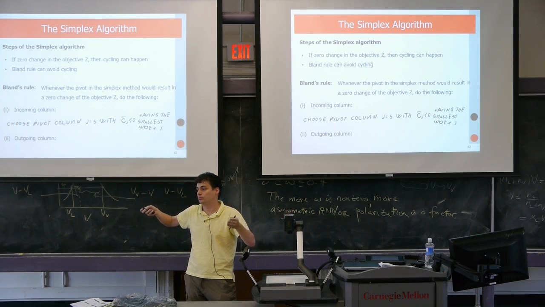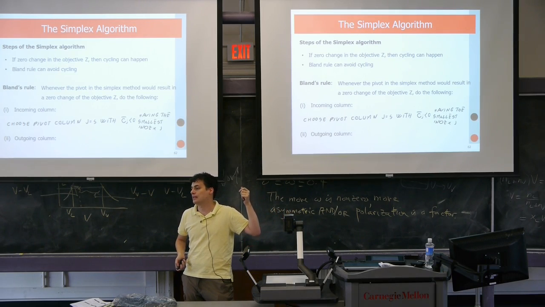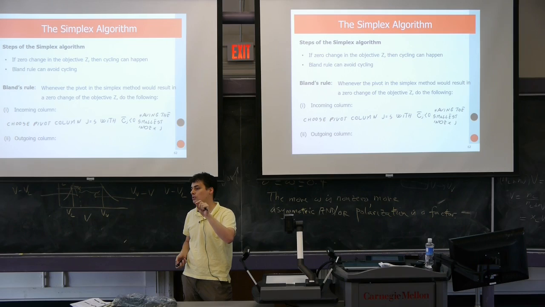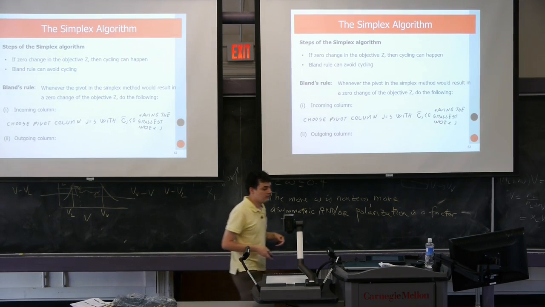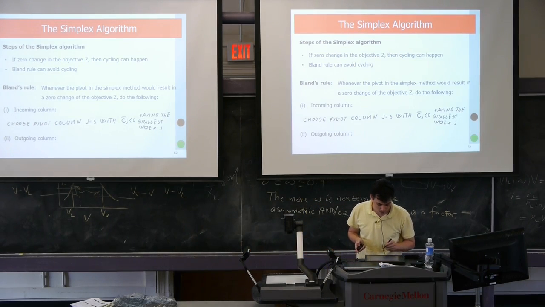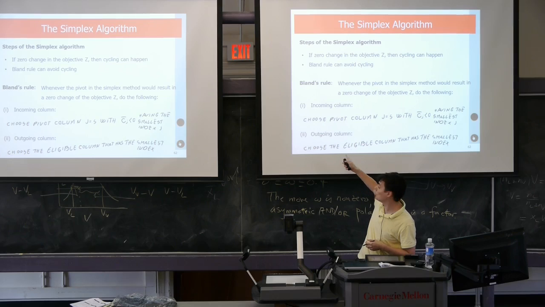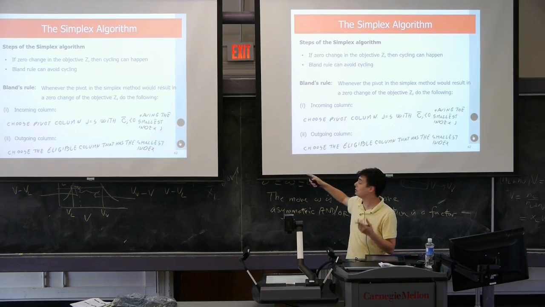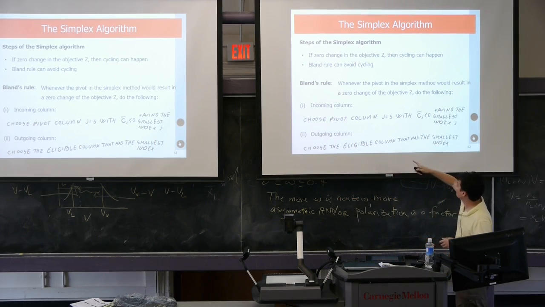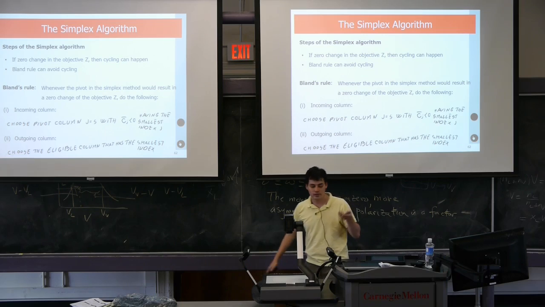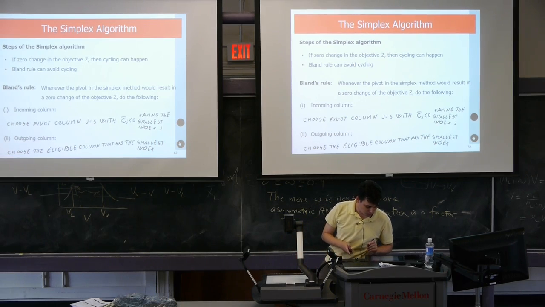You can be greedy, but this rule just says don't worry about the values, just choose the one where the index is the smallest. And the same for the outgoing variable too: just choose the eligible column that has the smallest index as well. And in this way, you will not get into loops.